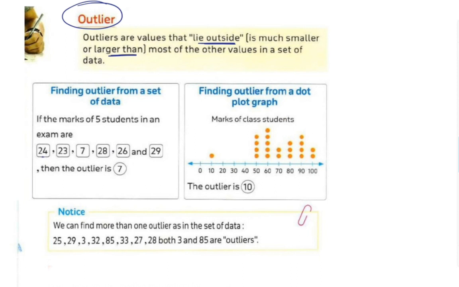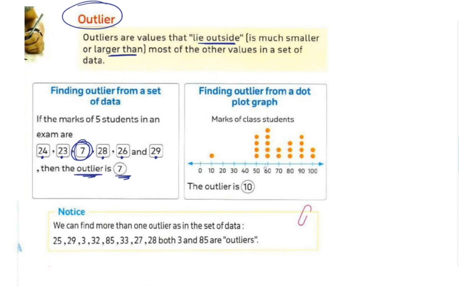Look here, 24, 23 are close, 28, 26, 29. All of these values are close to each other, but here we have 7. 7 is so far from all of these values, so we call 7 an outlier.